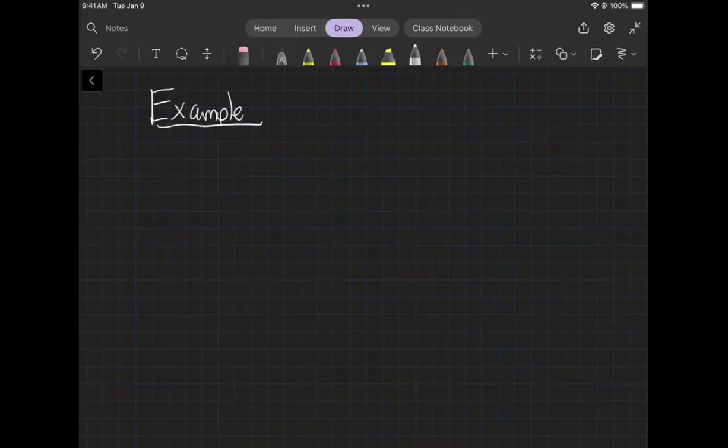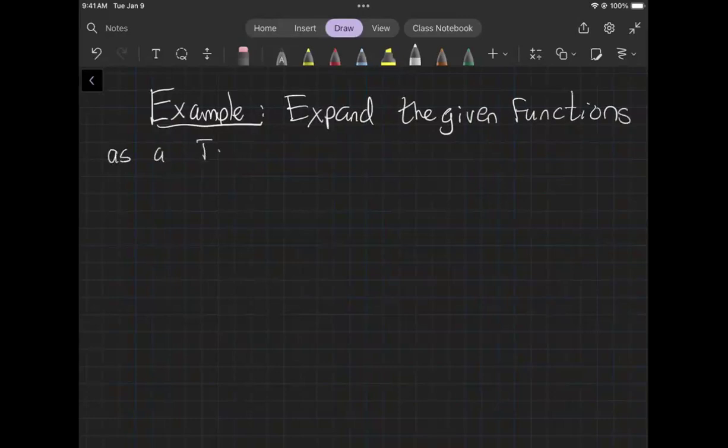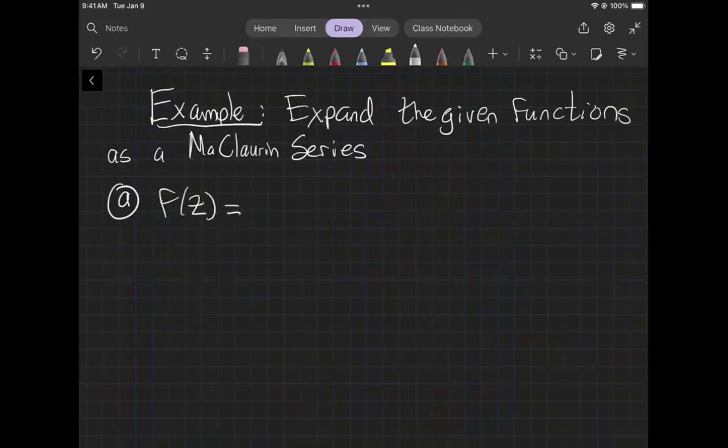Expand as the Maclaurin series. Part A, we have this function: 1 divided by 1 plus 2z squared.